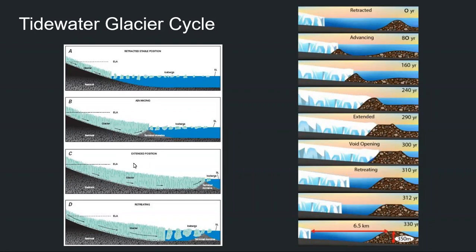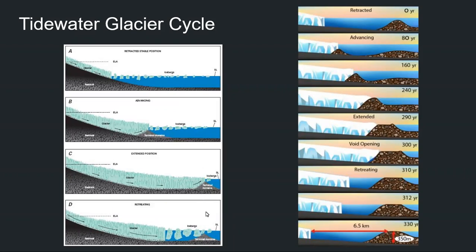At some point, it reaches what we call an extended position, and that's when trouble starts. So compared to where it was when it started advancing, you can see that a lot of that ice is actually below sea level. There's a pretty sizable chunk of it that's below sea level. So that's fine while the glacier is advancing, because it has the terminal moraine that is protecting it from deeper waters.